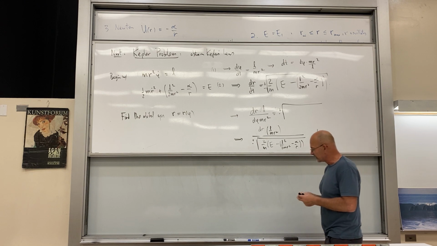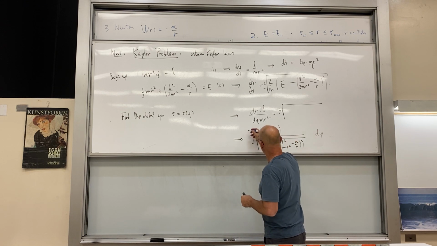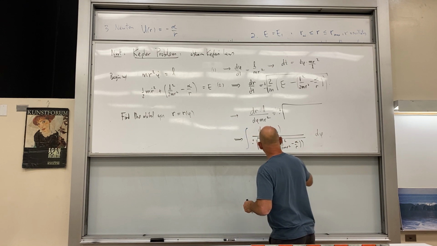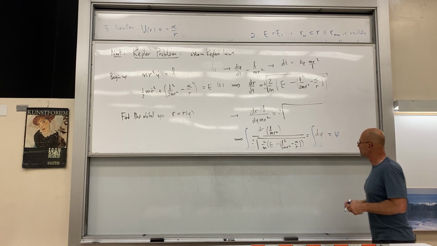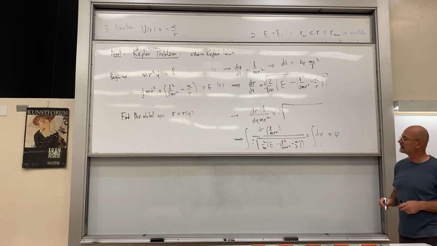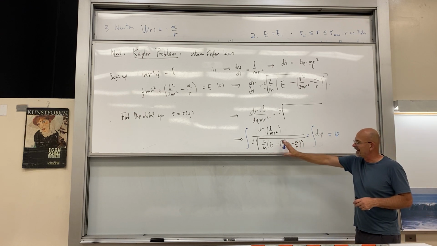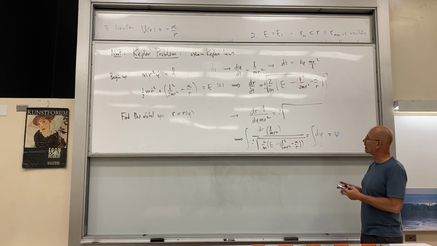So if we can do this integral, we'll have phi of r, and if we can do the integral and invert the result, we'll have our r of phi.